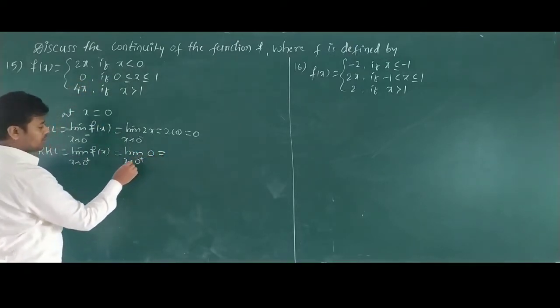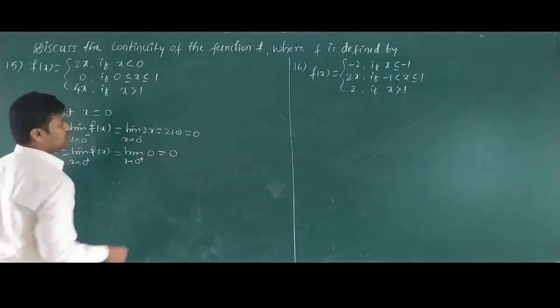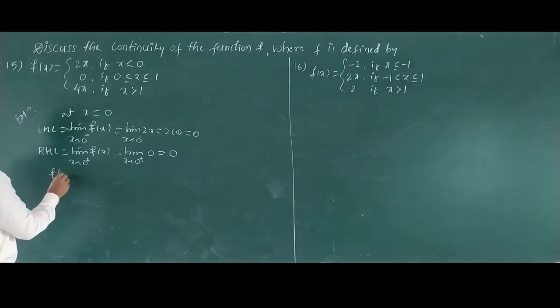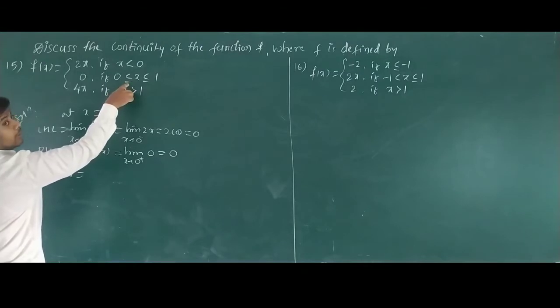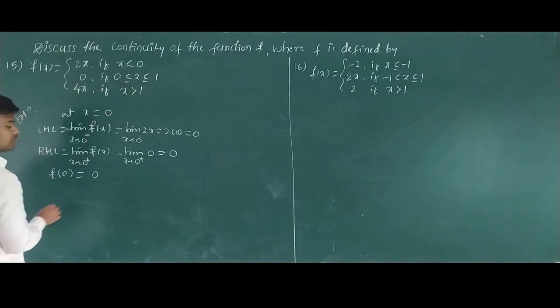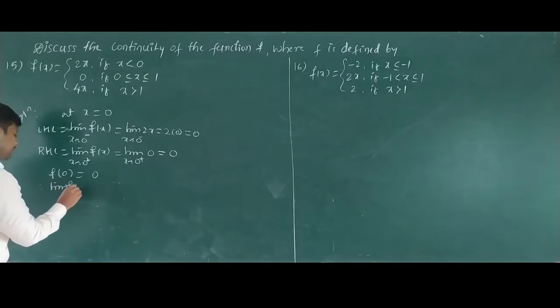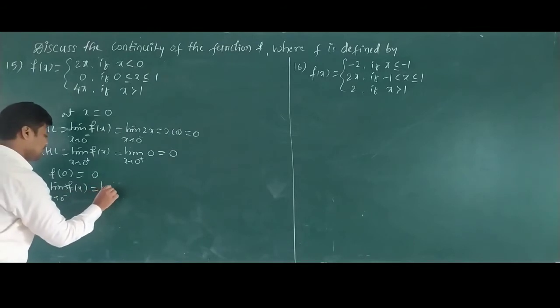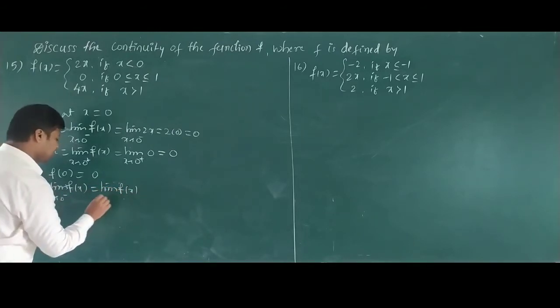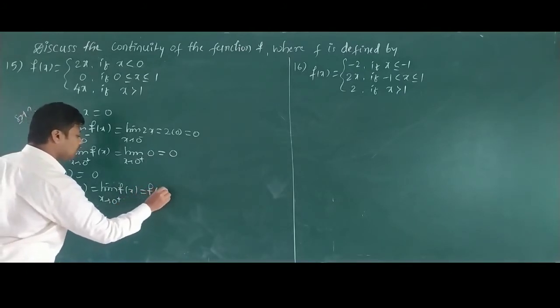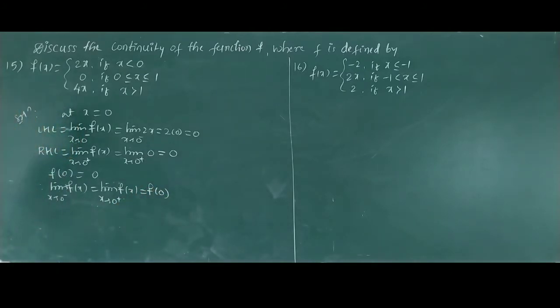This is a constant function, whatever input you put, the value is 0. So see what the two values are. So what is the value of the function, f of 0? f of 0 is defined as 0. So all three values are equal. Therefore limit of f of x as x tends to 0 minus equals limit of f of x as x tends to 0 plus equals the value of the function.